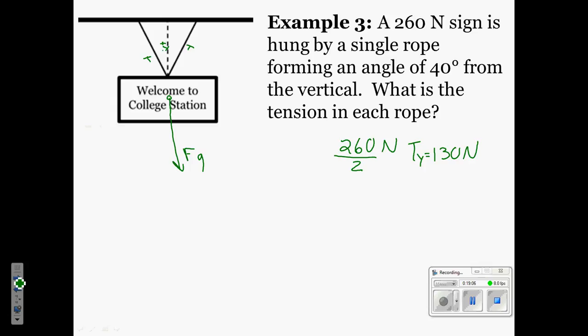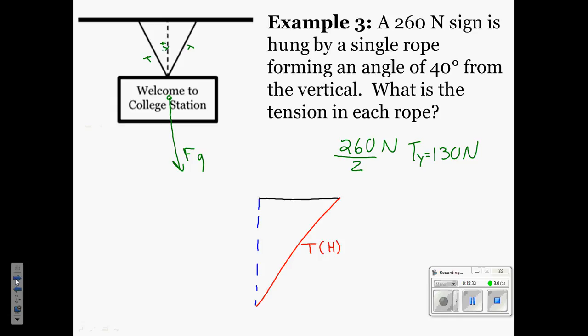Easy stuff. The angle that is formed is 40 degrees from the vertical. So I'm going to take my triangle on the right and I'm going to blow it up for you so that you can just see what I'm doing. This is my big T, which is also my hypotenuse.